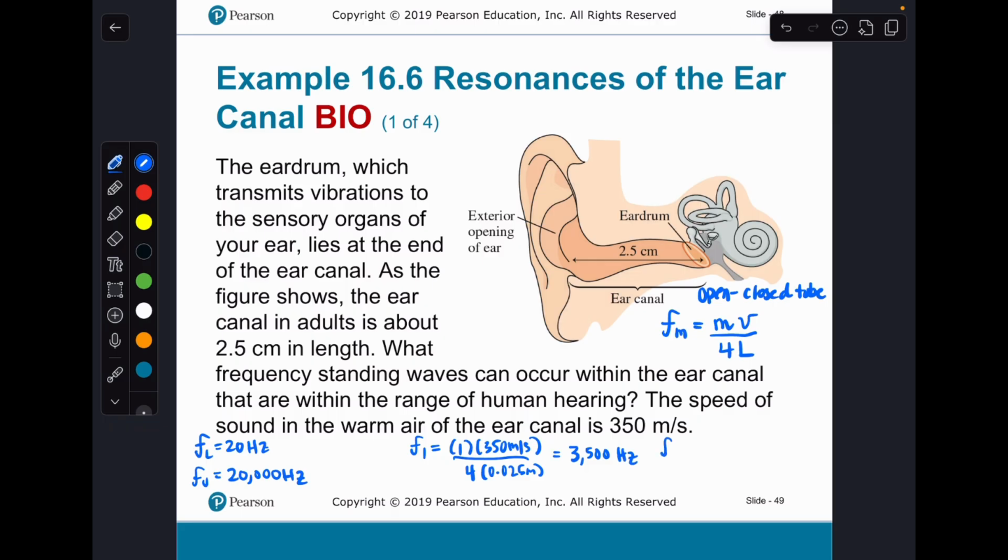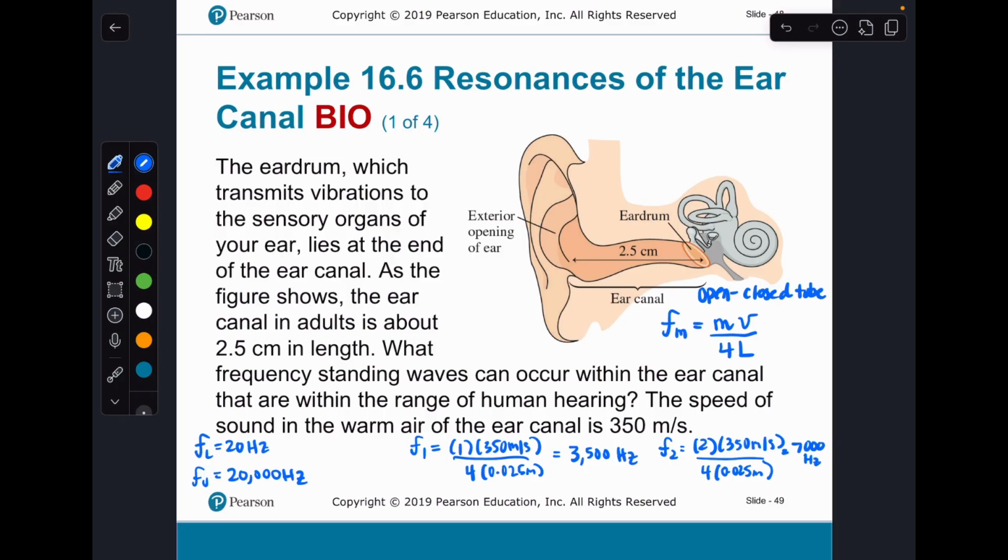Frequency of mode 2, well, it's going to be 2 times 3,500 hertz, right? Which is 7,000 hertz.